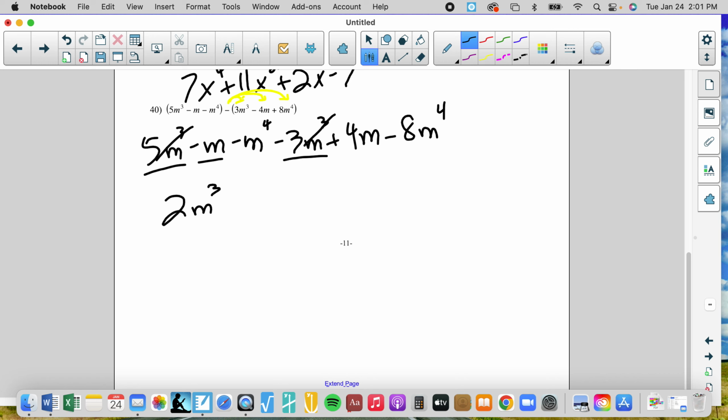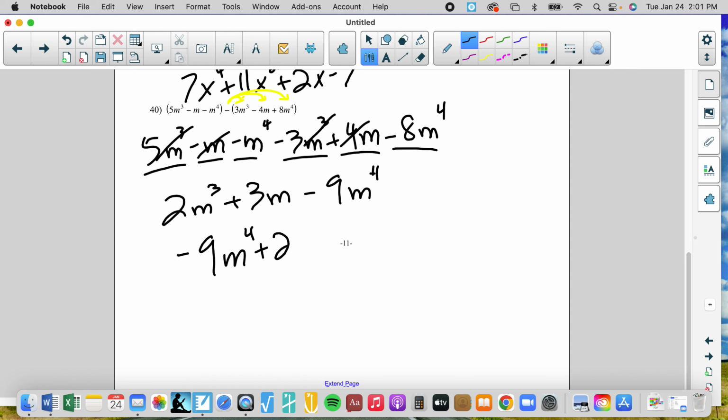We have negative m, positive 4m, which gives me positive 3m. We have negative m to the fourth, negative 8, which gives me negative 9m to the fourth. And let's write it in standard form. Negative 9m to the fourth plus 2m to the third plus 3m.